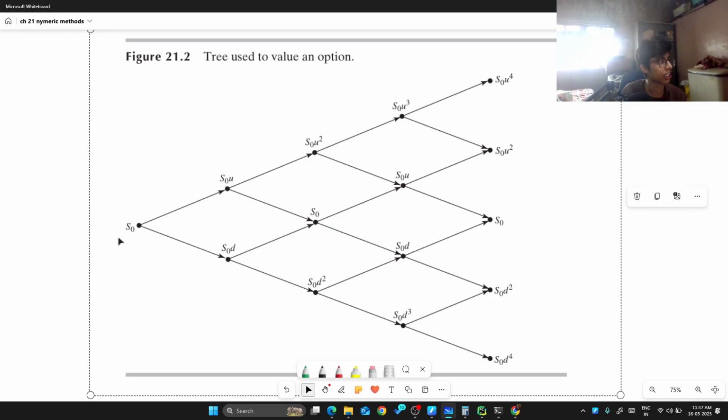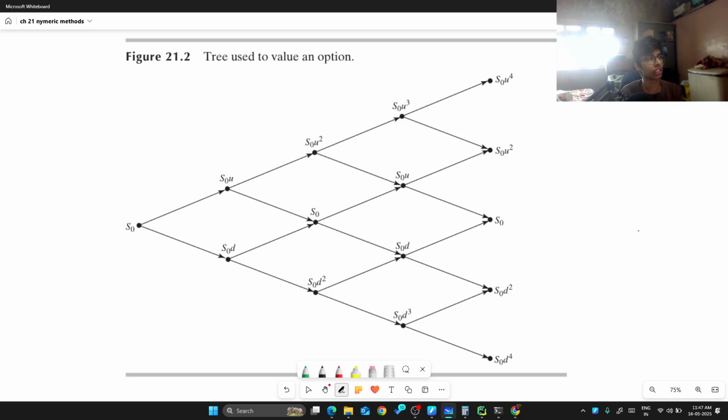It starts from S0u, S0d, then S0u square and S0. Why this? It should be S0ud, right? But we know that u equals 1 by d, right? So the previous value of this would equal this. I have to explain it in a simple way.